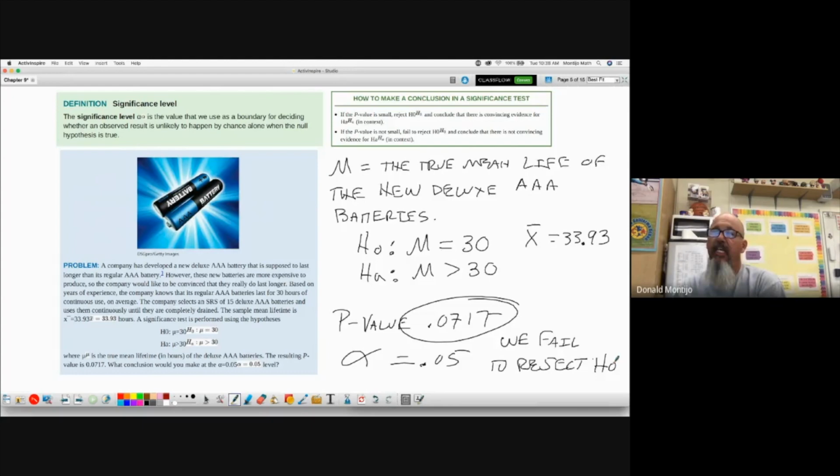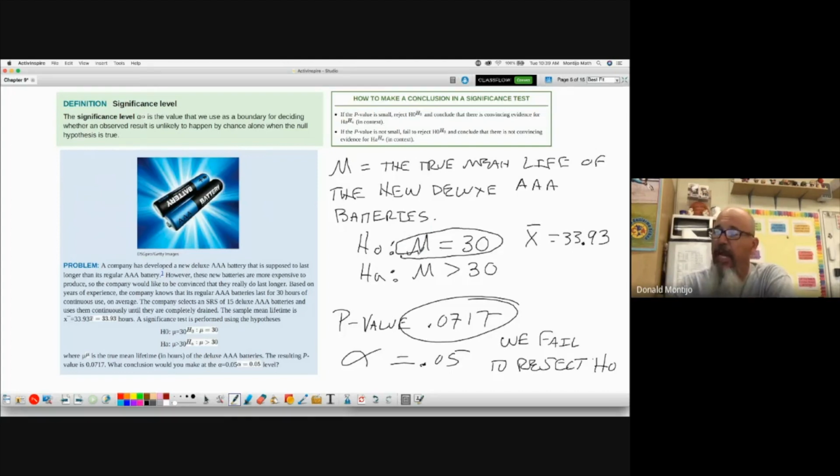So since it costs the company a lot more money to make this new battery, there's not enough evidence to say that it's worth their time for changing their production process and spending extra money. We're always looking at every p-value as the assumption that the null is true.